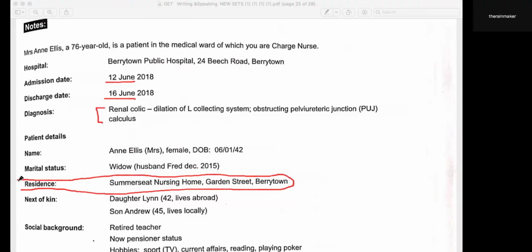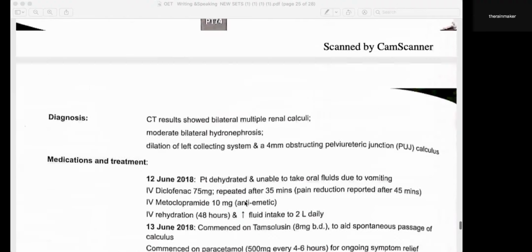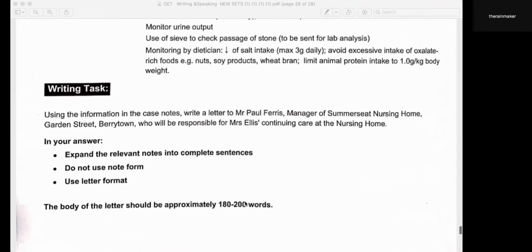The Somerset Nursing Home, right? That's the place where the patient lives. Annie Ellis lives here. When you go to the bottom of the letter, towards the end, you'll realize that the reader of the letter is also at the same nursing home where the patient resides.